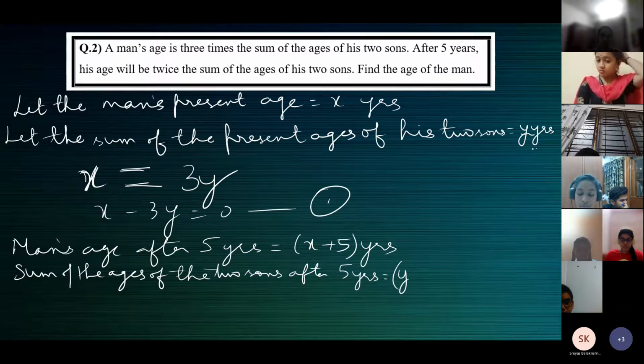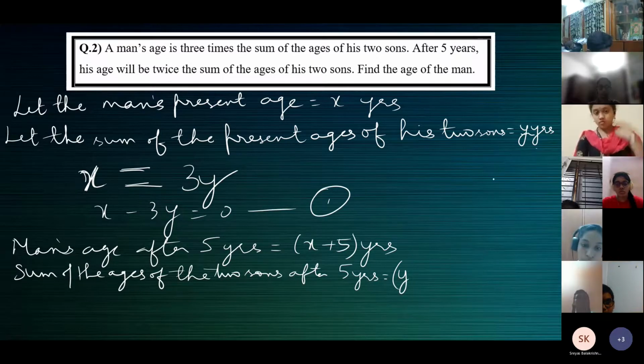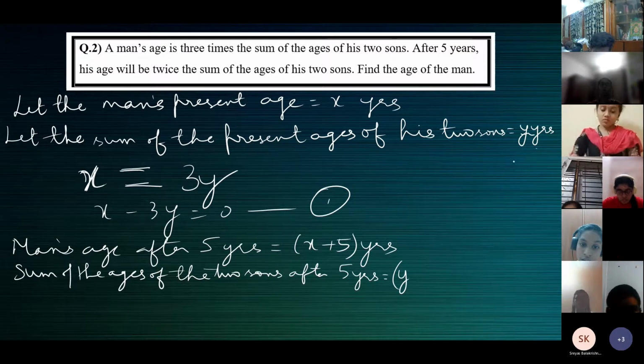How many boys are there in Y? Is that 2y plus 5? No, it's not 2y plus 5. Think. Y plus 5 is incorrect.